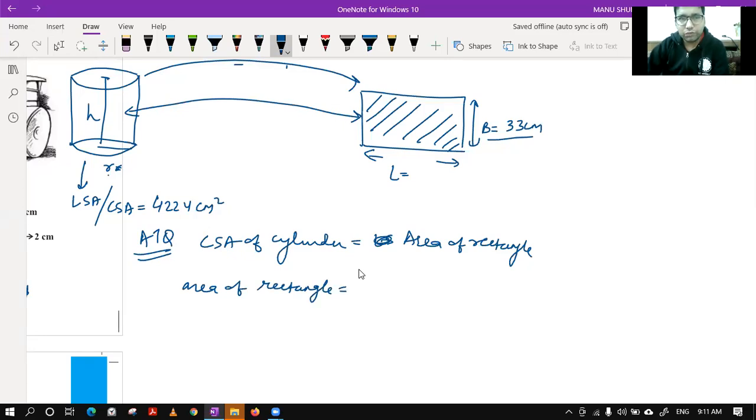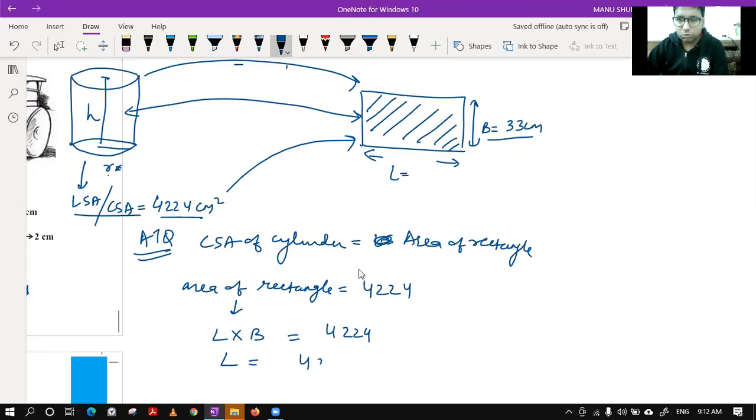If the area of the cylinder is given to you as 4224, then this is also the area of this rectangular sheet. And we know a rectangle's area is given by length into breadth, which is equal to 4224. Breadth you already know, so L is equal to 4224 upon 33 centimeter. If you divide it and solve, you will get the answer as 128 centimeter.